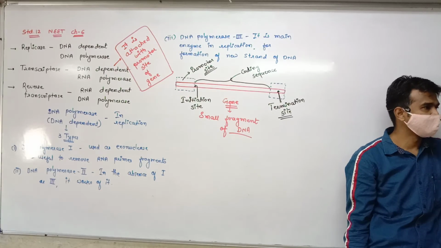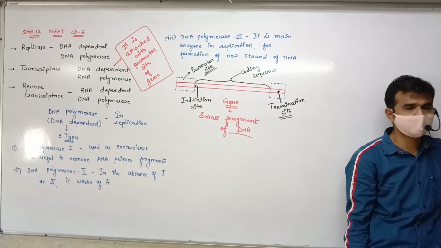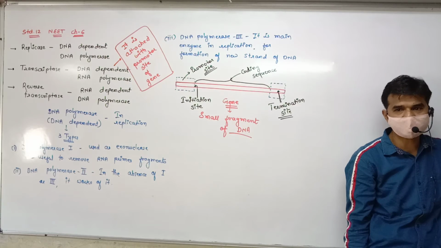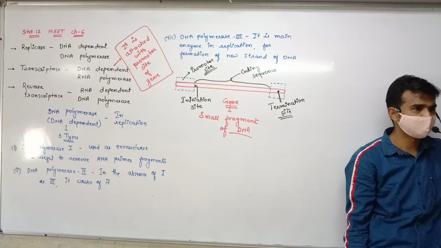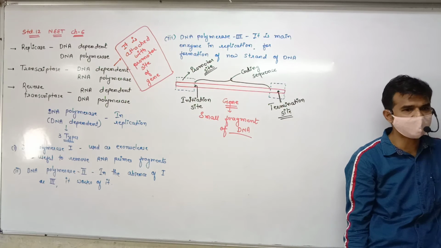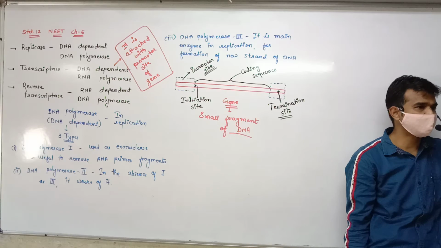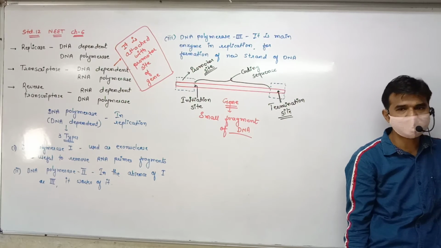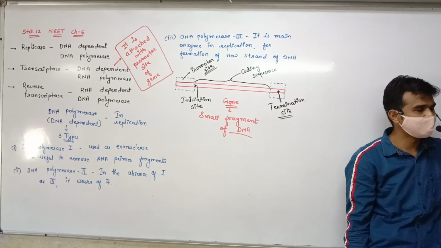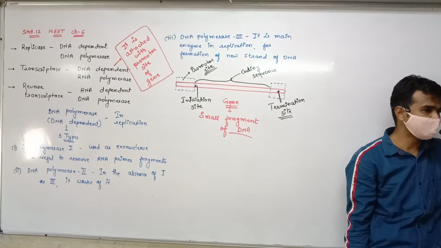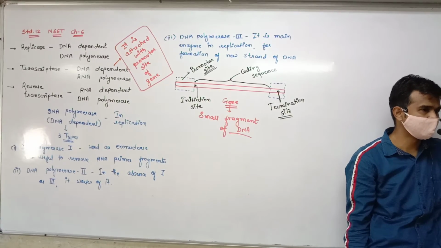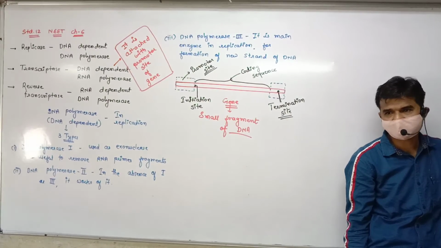Okay, so here what you have to remember is that the whole DNA strand is there. In the nitrogen base, the nitrogen becomes radioactive by NH4Cl. Here two isotopes are used: the light isotope, that is N14, and the heavy isotope, that is N15.